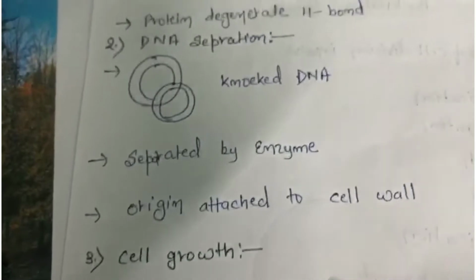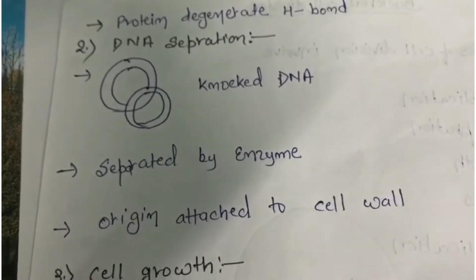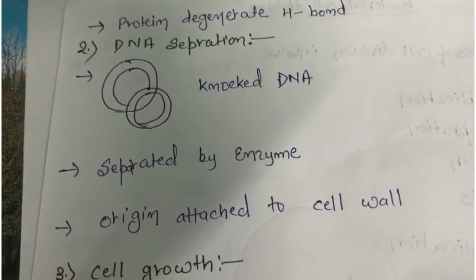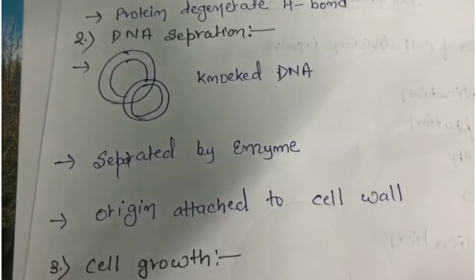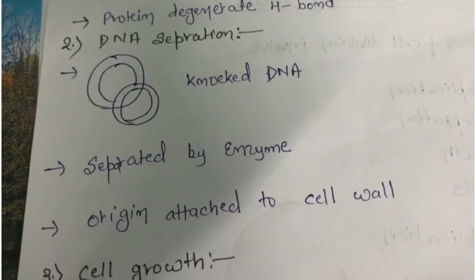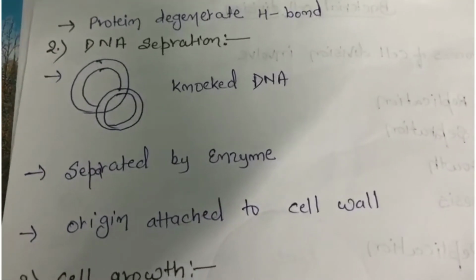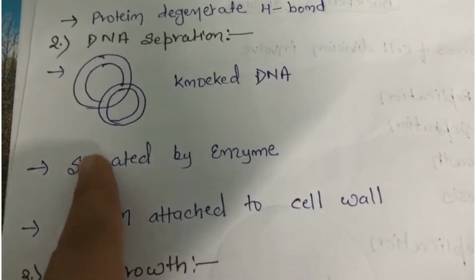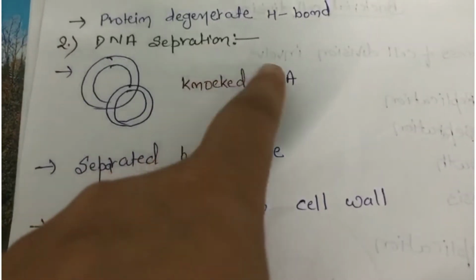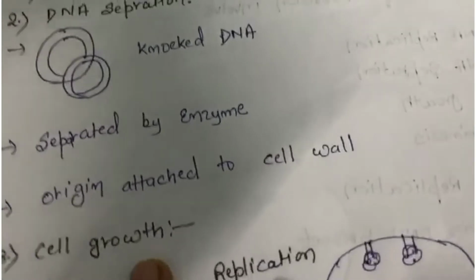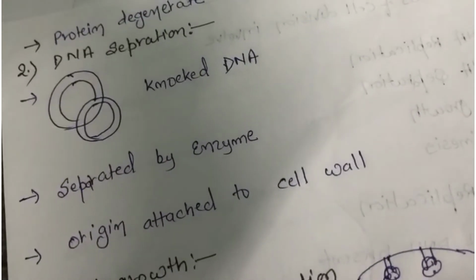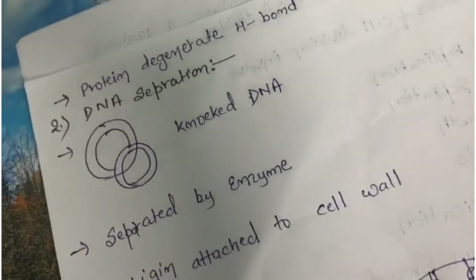In DNA replication, proteins are present that break the H bonds, and then replication starts. After replication, two DNA molecules are attached together, so we need to separate those daughter DNA.